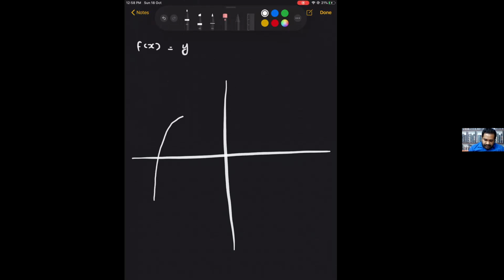I'm considering a cubic curve, somewhat like this, and it is passing through the points minus 2, 0 and minus 1, 0. It is passing through 0, minus 6, and this point is 3, 0. So this is the graph for y is equal to f of x.